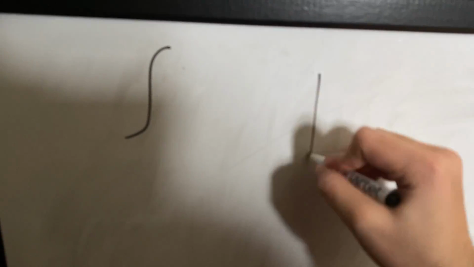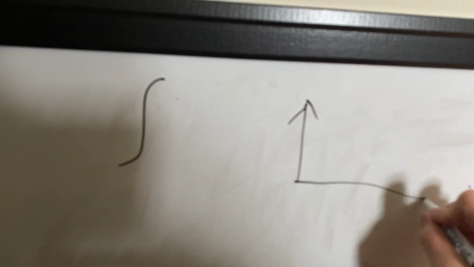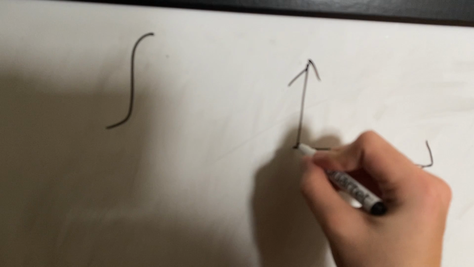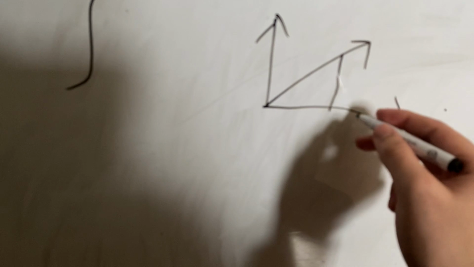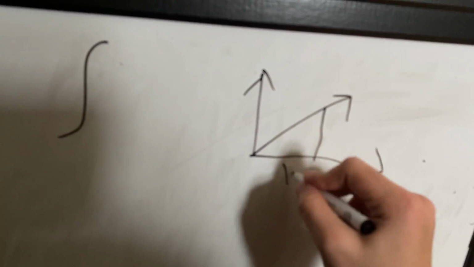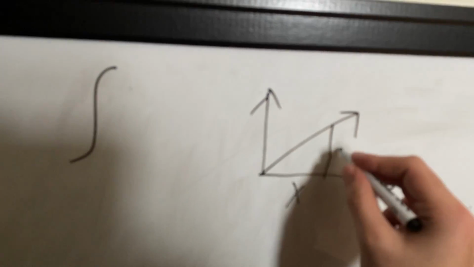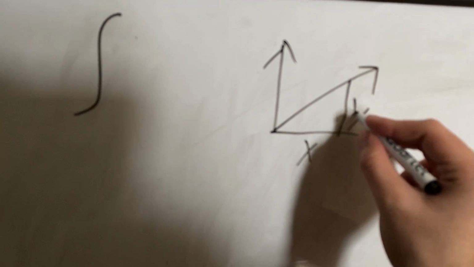So let's say we have some graph. If we have a graph like this, just pretend that's a straight line, and I'm not horrible at drawing. If we want to find this area, this is just a triangle. So let's say we have an x and a y. We could just use the Pythagorean theorem.